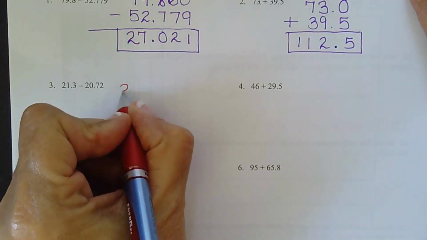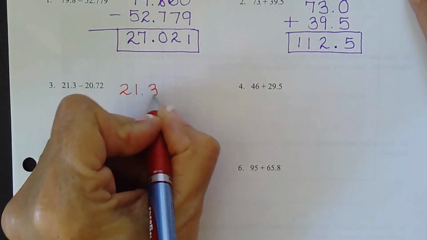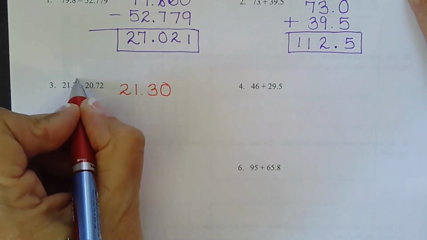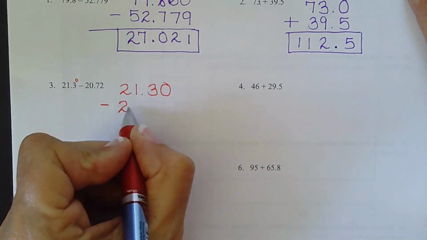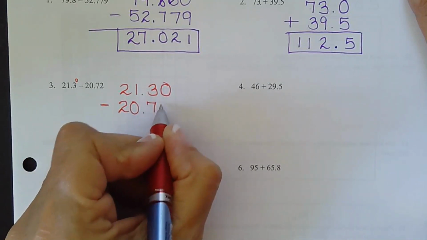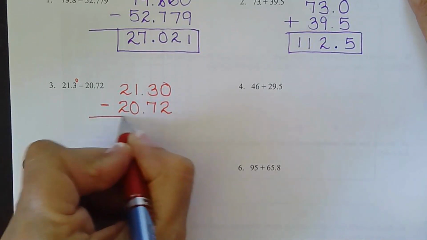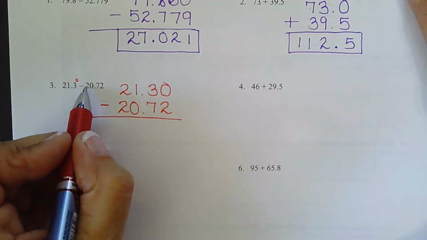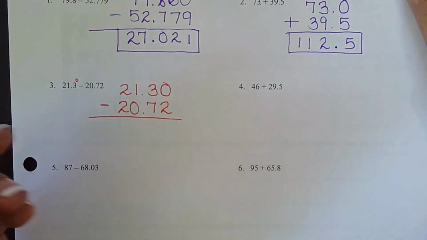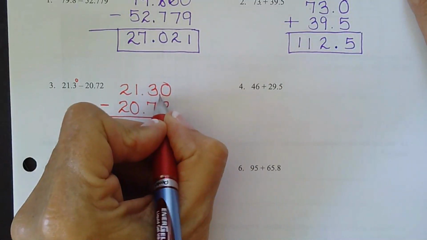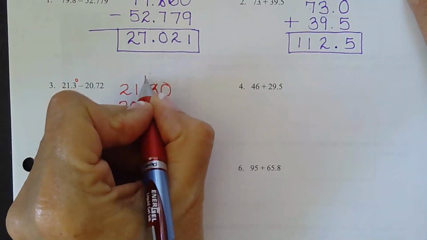Okay, so we have 21.30 because they both need to have 2 decimal places, minus 20.72. So 21.30 minus 20.72. Now they both have 2 decimal places. So 10, 13, make it a 12.